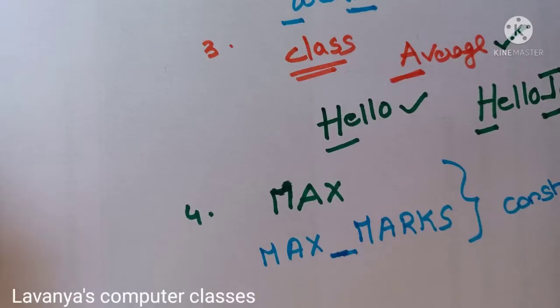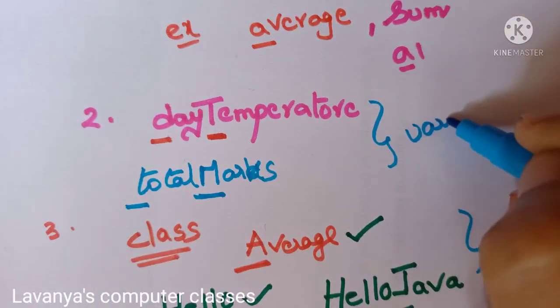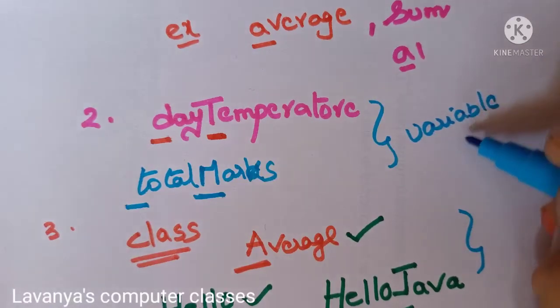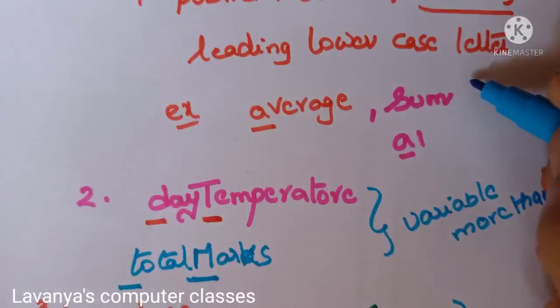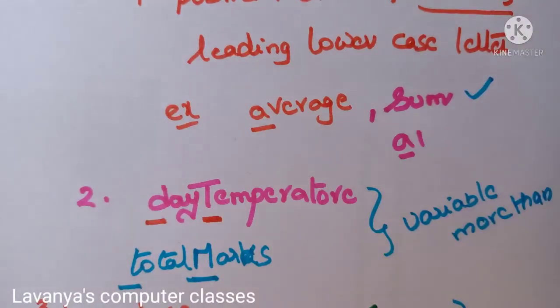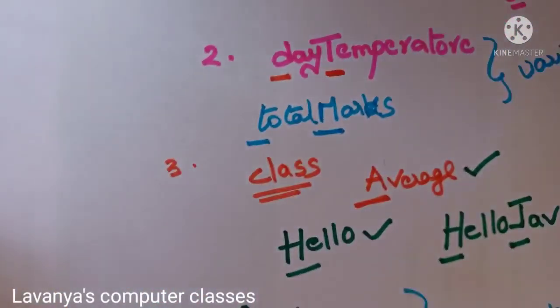This is the rule for a class name. This is for a variable with more than one word. And this is for only simple variables. So these are the rules for how to give identifiers, the naming conventions.